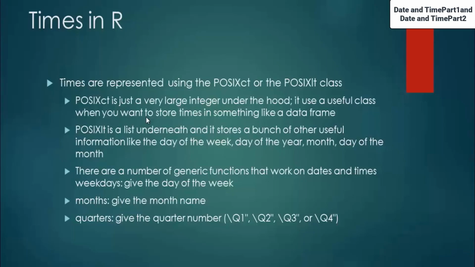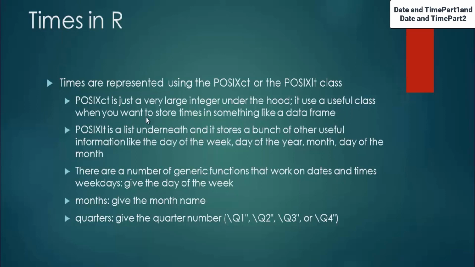In the same way, times are represented using the POSIXct or POSIXlt class. POSIXct is a very large integer under the hood. It is a useful class when you want to store times in something like a data frame.